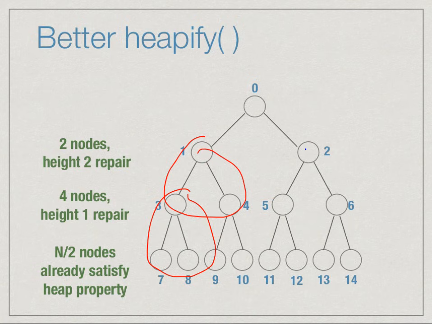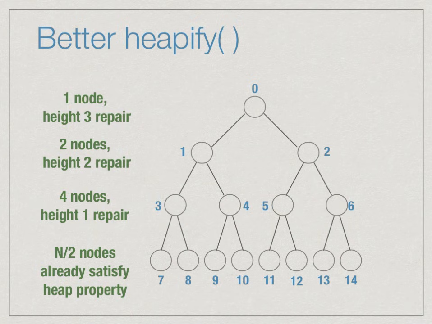So the number of nodes for which this is required is halving, and the number of steps for which you have to do it is increasing by 1. We will not do a careful calculation here, but it turns out that this way of doing a heapify, by starting from the bottom of the heap and working upwards rather than inserting one at a time into an empty heap, takes only linear time, order n.